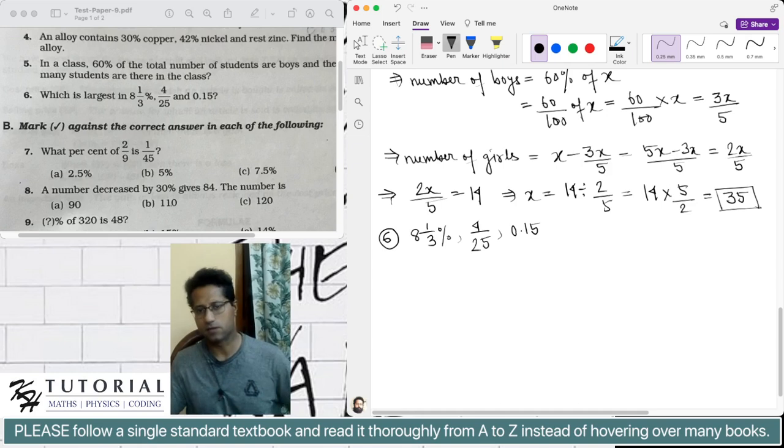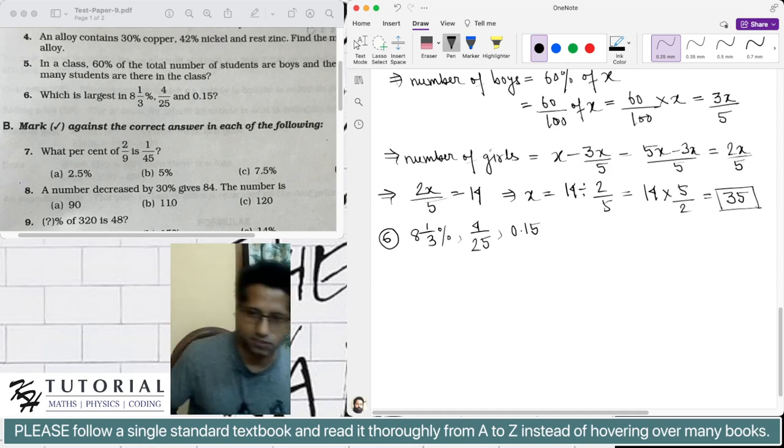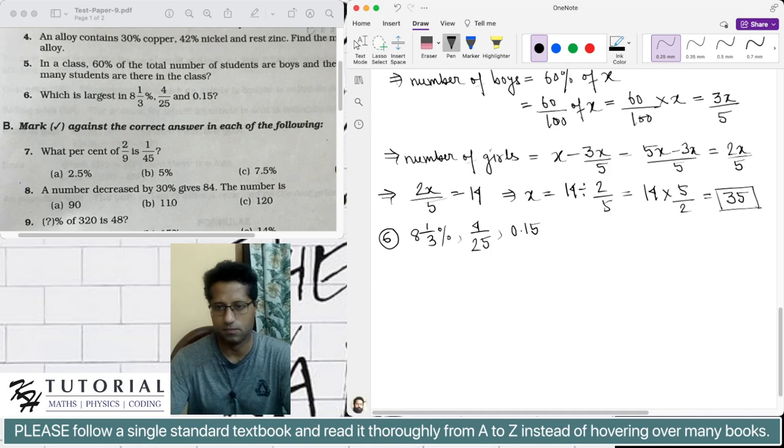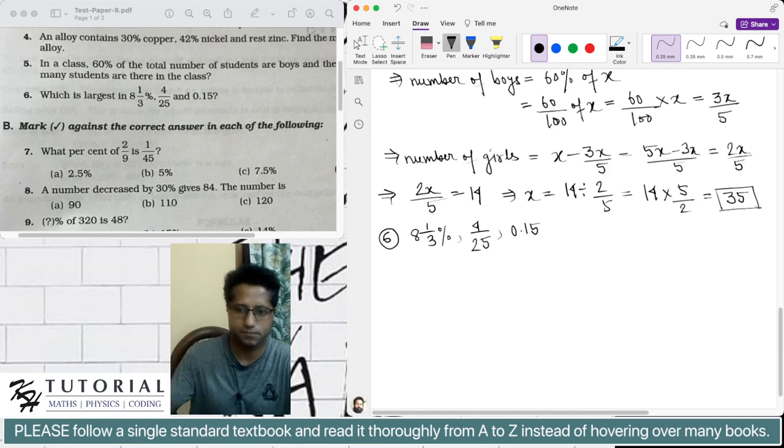So how do we compare a fraction, a percentage with the decimal? Whenever we are asked to compare a percentage, a fraction, and a decimal, we always convert the percentage and the fraction to a decimal, and then we compare the three decimals.